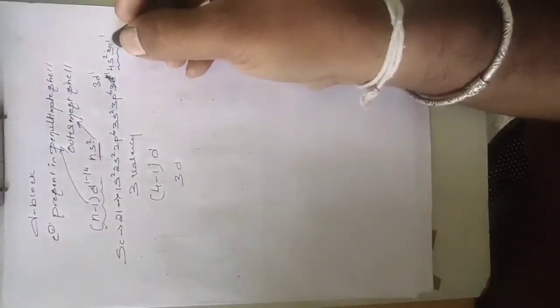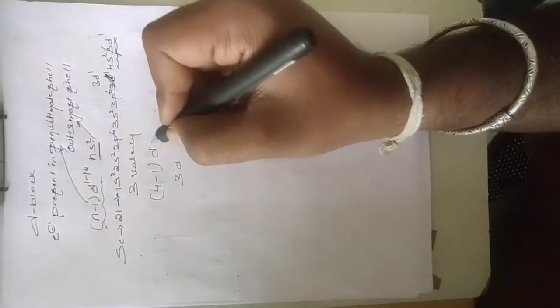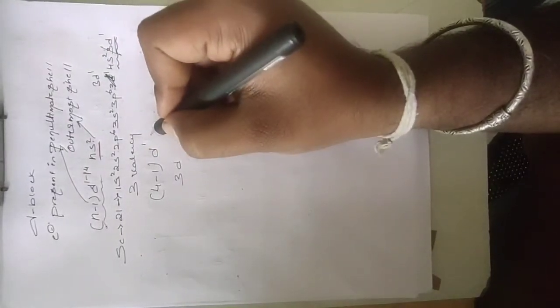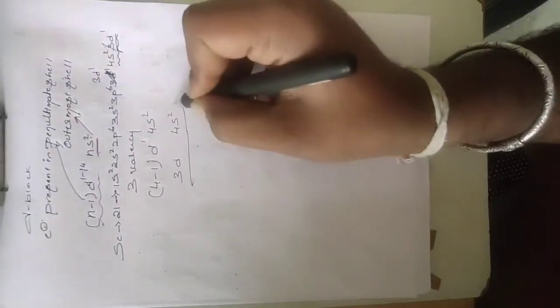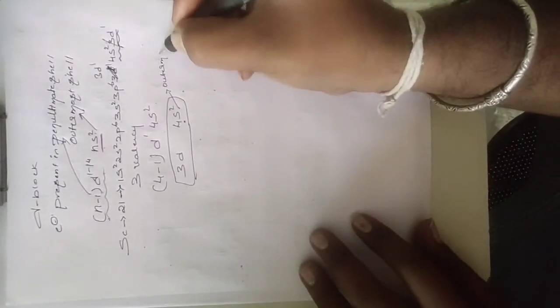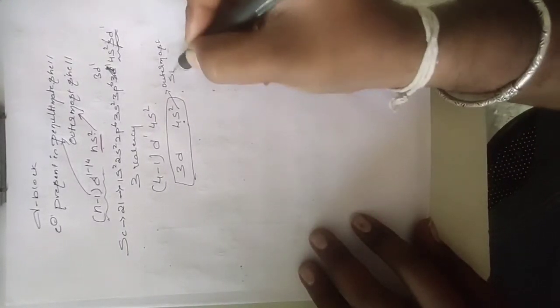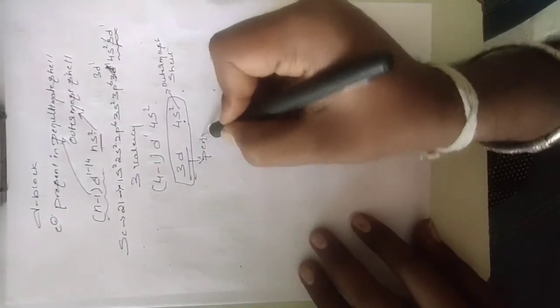Then ns2, n is the highest number, so 4s2. Here the 4s2 is the outermost shell and 3d is the penultimate shell.